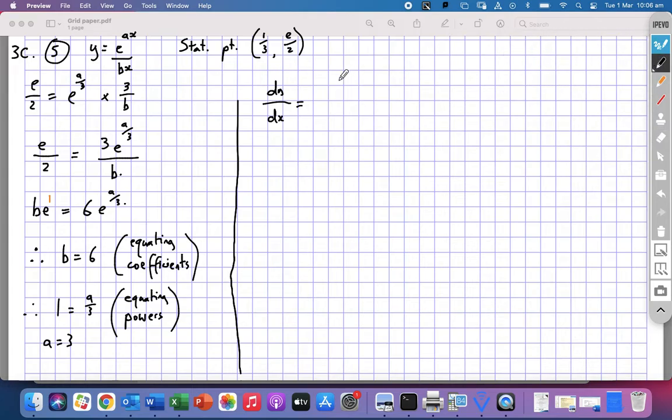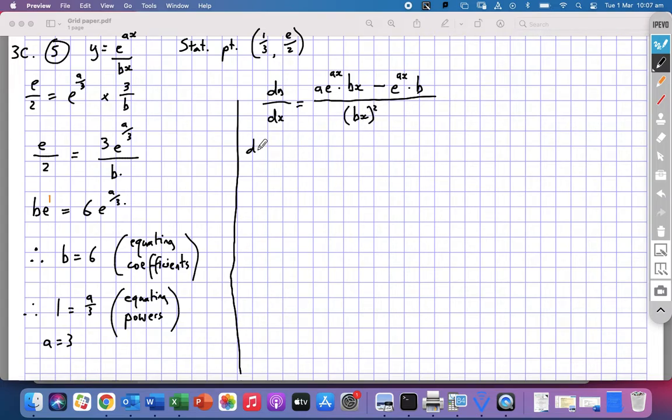So let's do that. We have derivative of function u, that's a e to the power of ax, times function v, bx, and we have a minus function u, e to the power of ax, times derivative of function v, and this is all divided by function v squared.